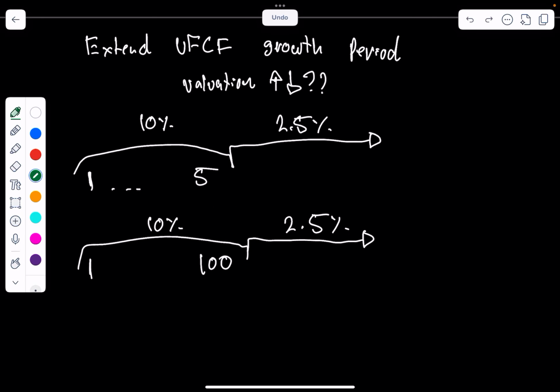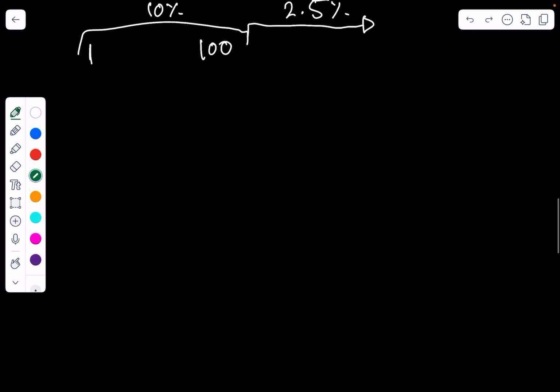Because it's growing at 10% for 100 years. It's growing at a faster rate or at the same rate, but for a very, very long period of time. So overall, the growth of this company right here is far greater, right? So if we extend the unlevered free cash flow growth period, it will lead to a higher valuation, right?